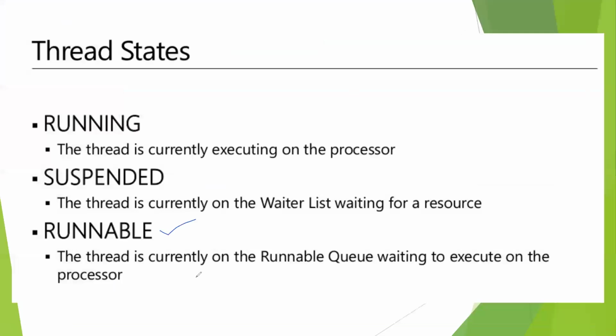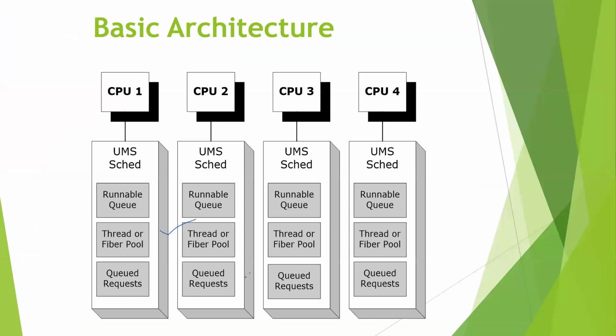Runnable is when your thread is currently on the runnable queue. I told you, right? There are different queues. This is the runnable queue, where a thread is ready with all its resources and ready to execute on the CPU, right?